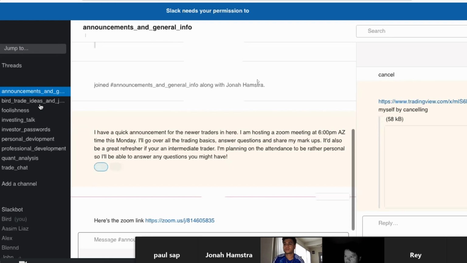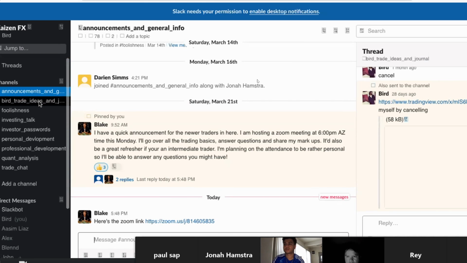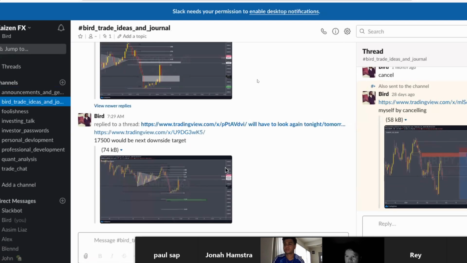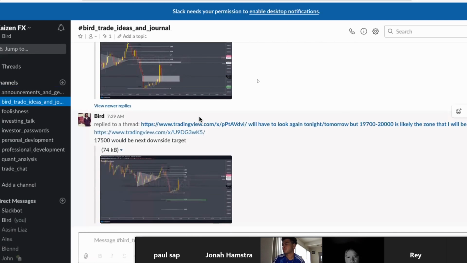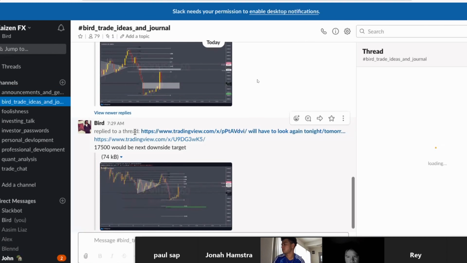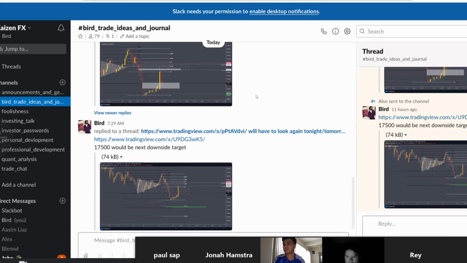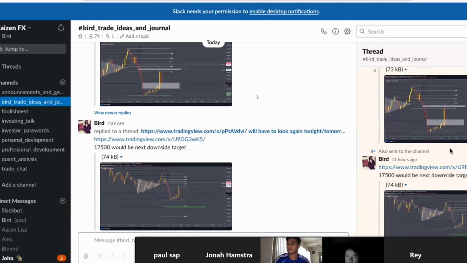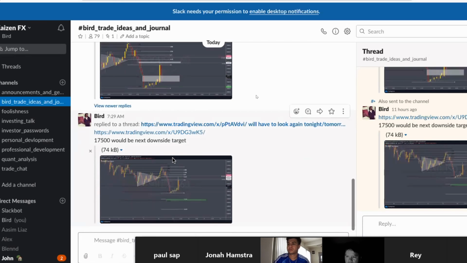Actually, it's loading pretty slow. So I'll give it back to Blake. One second. Very, very quick thing that I look for. Let's just find a good example. I'm not sure where this price is currently at. It's not even loading. All right, don't worry about it.